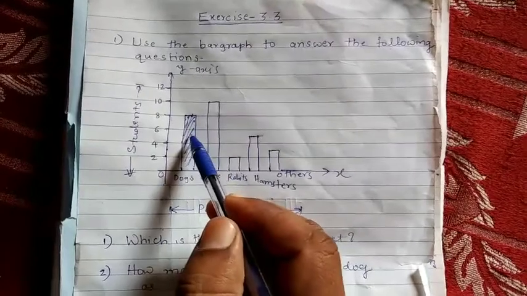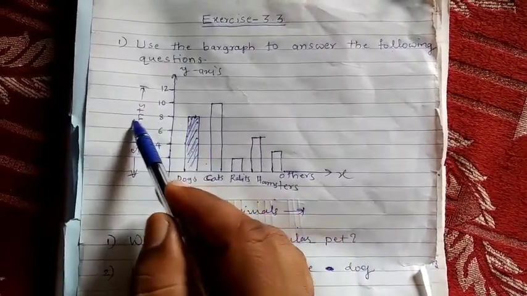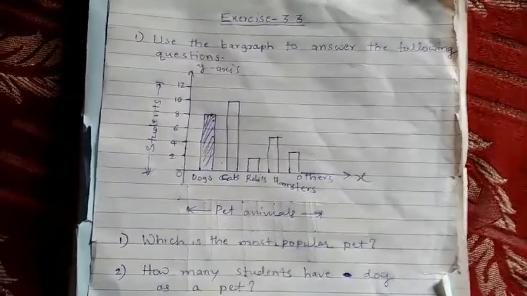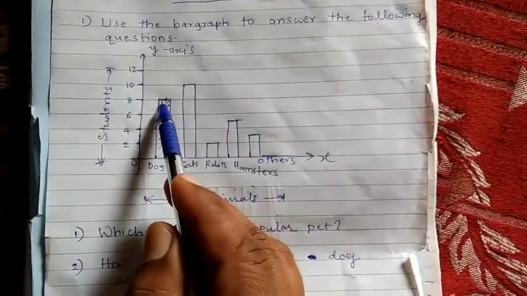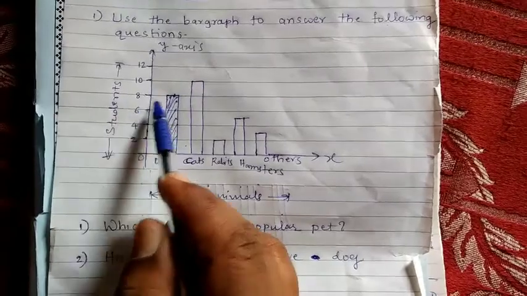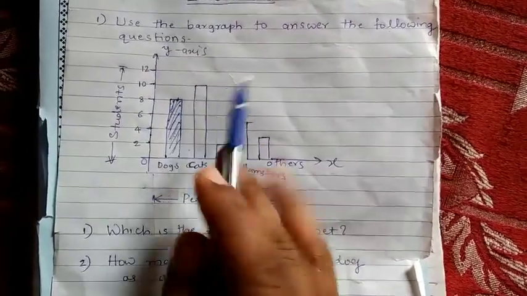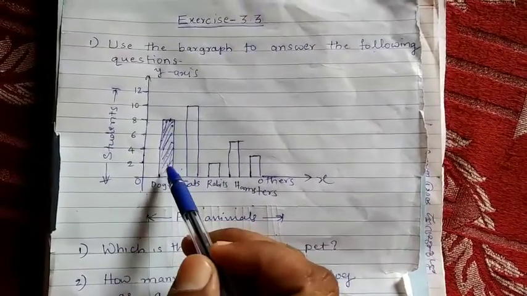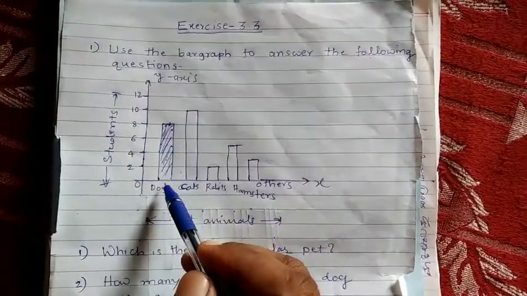It means 8 students are interested in dogs. I mean, 8 students love dogs.